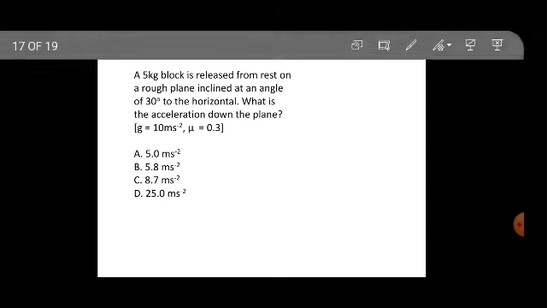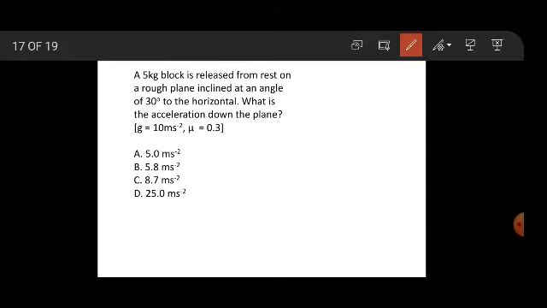Now let's see another question here. A 5 kilogram block is released from rest on a rough plane, inclined at an angle of 30 degrees with the horizontal. What is the acceleration down the plane? So this is not static, it is moving. So the acceleration down the plane from what we saw is g sine theta minus mu g cos theta.